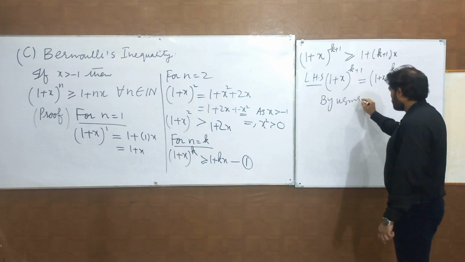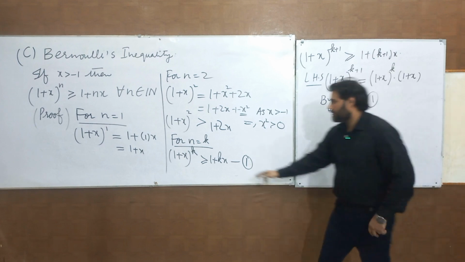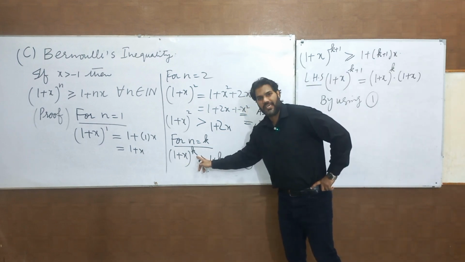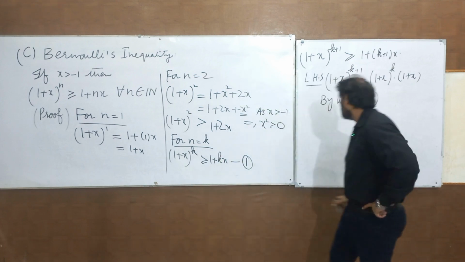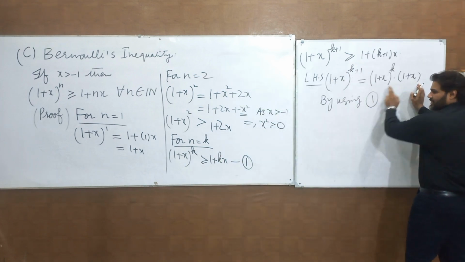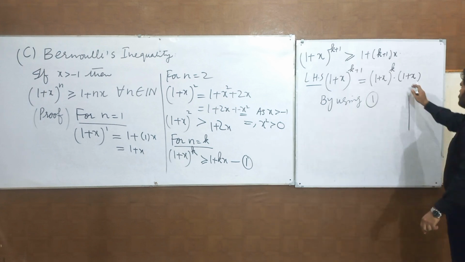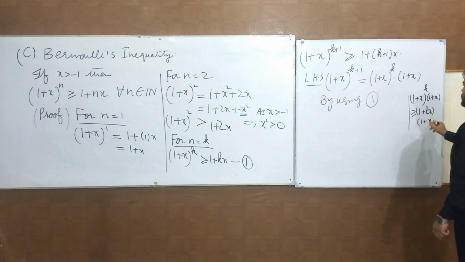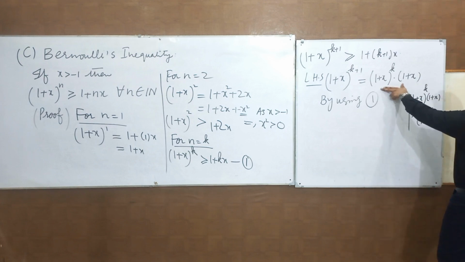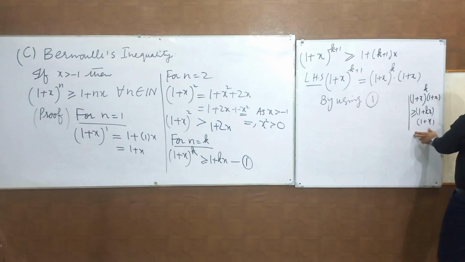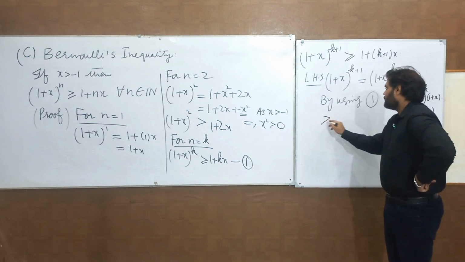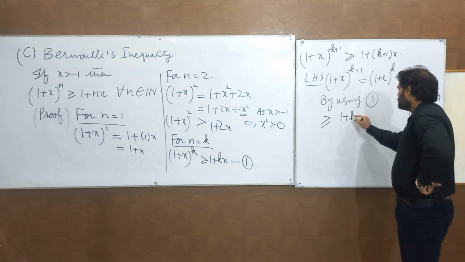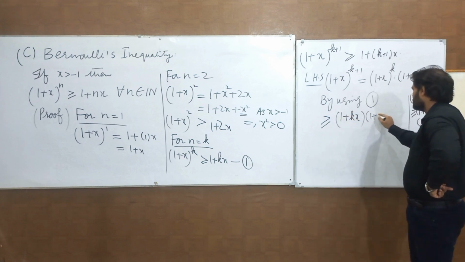By using 1, as (1 + x) to the power k is greater than or equal to 1 + kx, when we multiply this by (1 + x), we have (1 + x)^k into (1 + x), which is greater than or equal to (1 + kx) into (1 + x). So I can replace this by (1 + kx) into (1 + x).